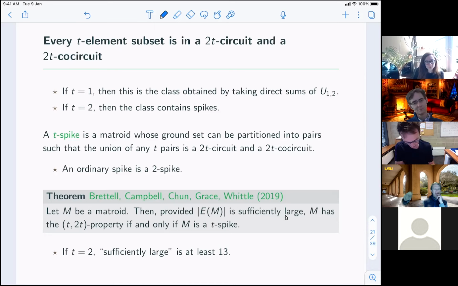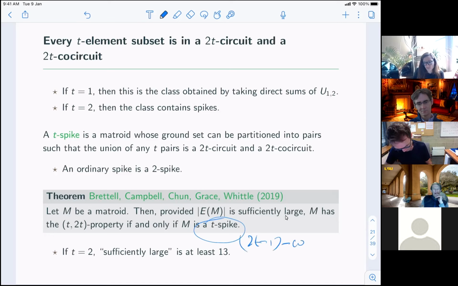Right. So these T-spikes turn out to be highly structured. For example, they're 2T minus 1 connected. They have no 2T minus 1 circuits or co-circuits.